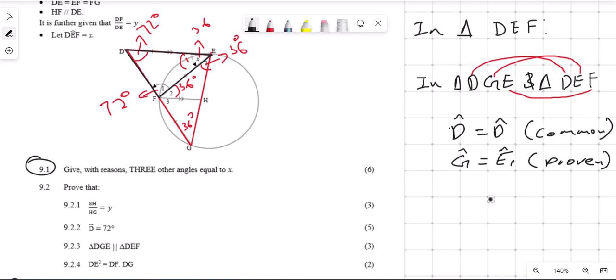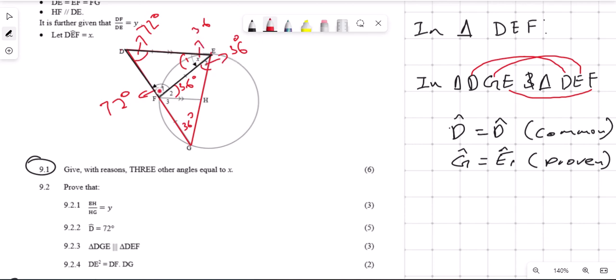And then we move to the last one, E and F. Which E are we talking about now? The bigger E and F1. Yes, you can say they're equal, 72. As you can see, 36 plus 36 is 72.